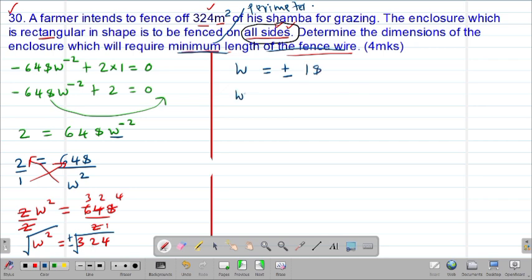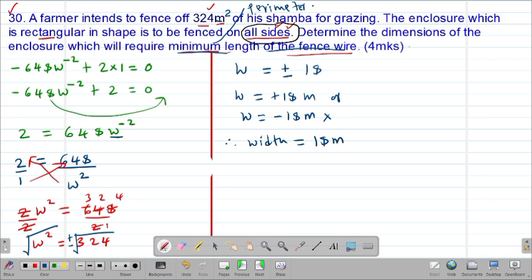Therefore, the width will be equal to positive 18 meters, or w can also be equal to negative 18 meters. But we know that this is a scalar quantity, therefore you're going to ignore the negative part. Therefore, we conclude that the width of this particular rectangular chamber will be equal to positive 18 meters.